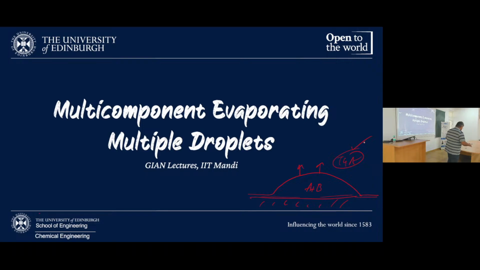So now we are going to look at multiple multi-component droplets. I'm going to show you two methods; the second method would be tomorrow. What we're going to do is add another droplet.